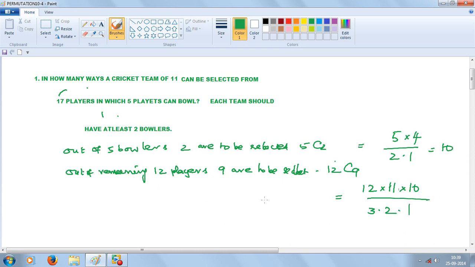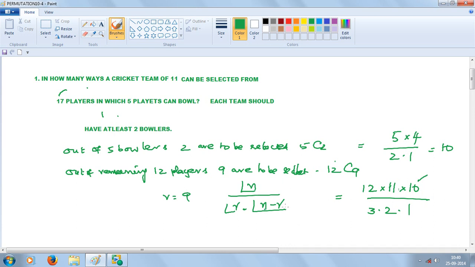Try using the formula. Factorial n divided by factorial r multiplied by factorial n minus r. Here r is equal to 9. So factorial n by factorial r, the 9 factors will go, so 10, 11, 12 is coming in the numerator.